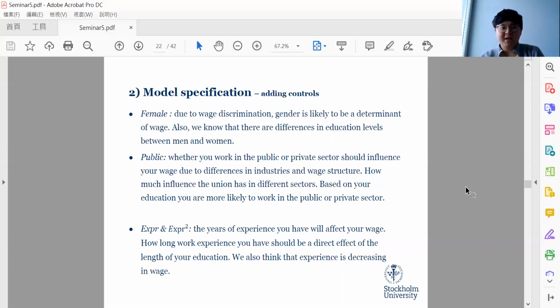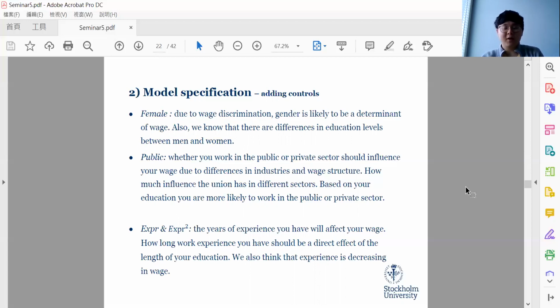The first one is female, because we know that there exists a gender wage gap, and also there might be some systematic difference in education levels between men and women because of possible discrimination against women in work and education as well. That's why we put female to control for the bias. And then the second is public.